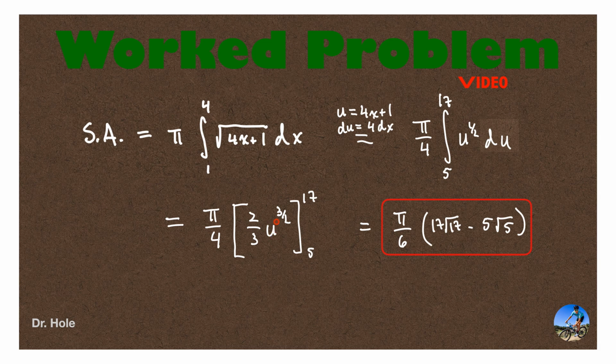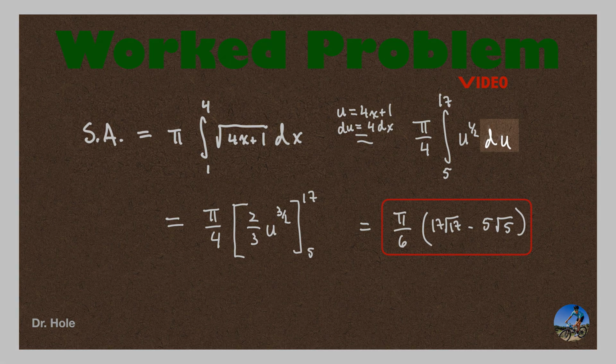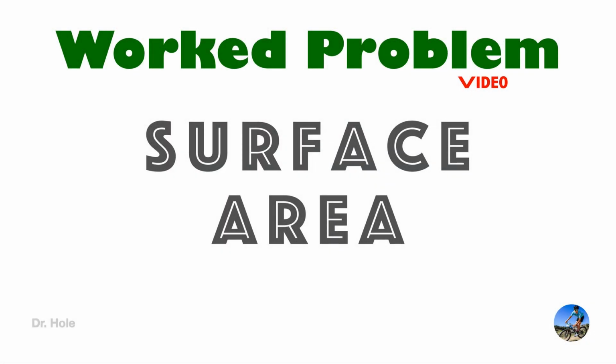Well, 17 to the 1/2 is radical of 17, and then 17 squared, and then take the radical of that, results in 17. So this is 17 to the 3/2. Nice. That was a worked problem on surface area.